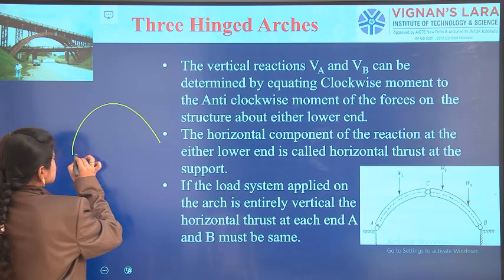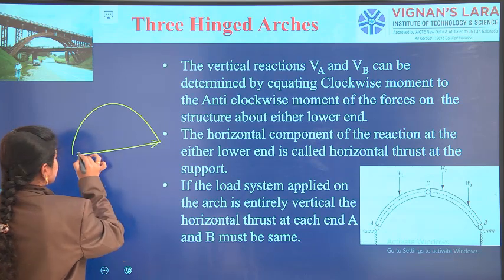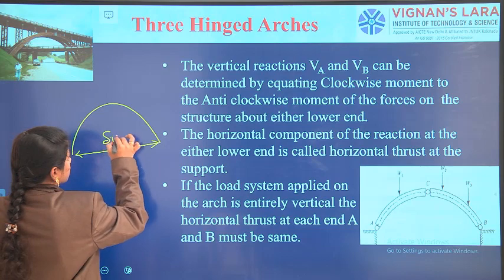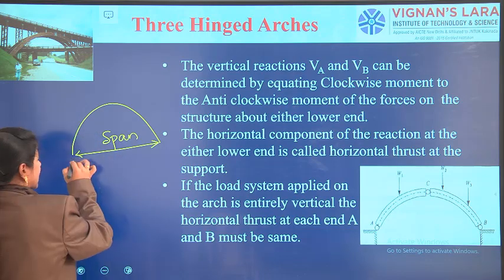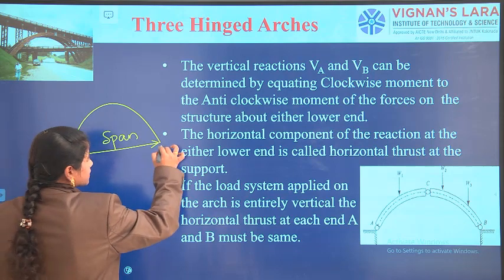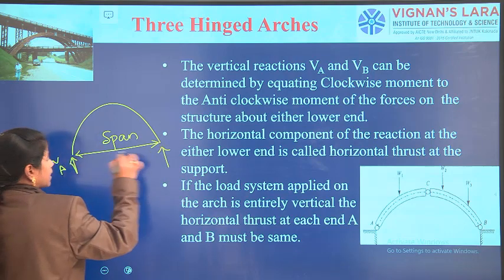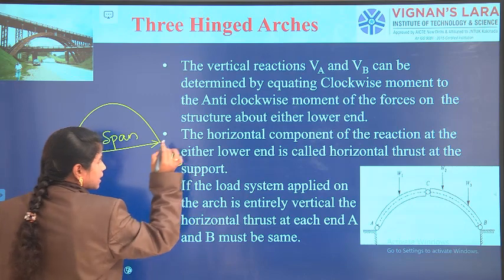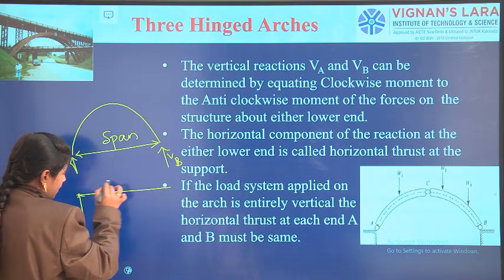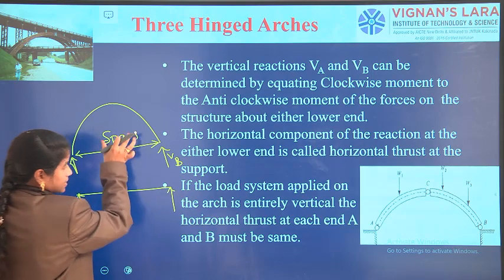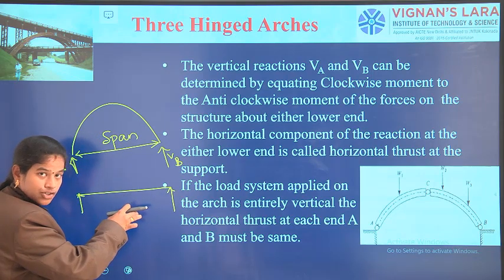So this is the arch and this is the span, right? We will calculate VA and VB by taking a simply supported beam of the same span as the arch.